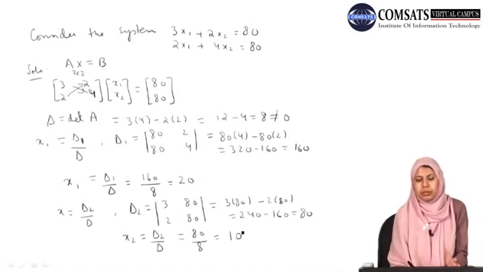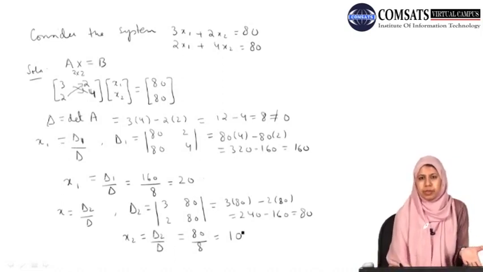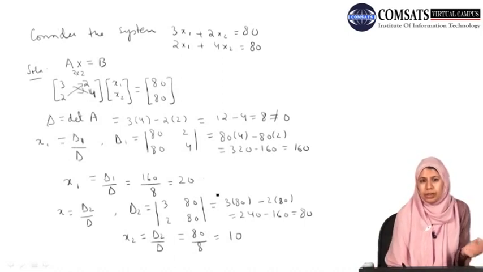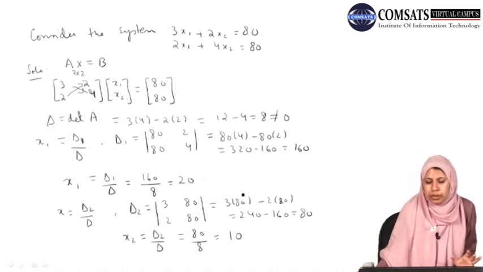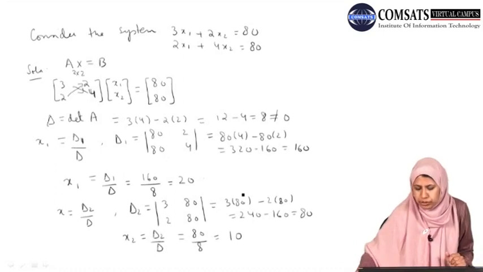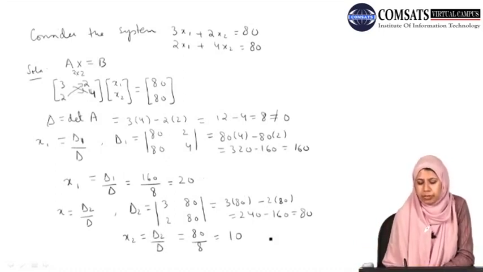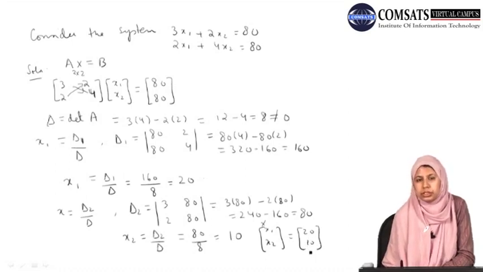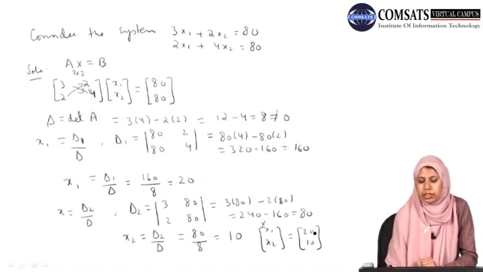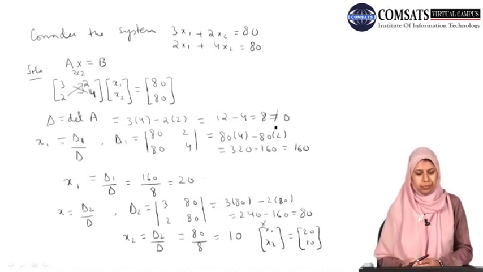So by using Cramer's rule, which basically uses determinants, we have quickly solved our system of equations, and the values of the unknowns, that is our matrix X with entries x1 and x2, are x1 is 20 and x2 is 10. And this solution is a unique solution. Why? Because the determinant is different from 0.